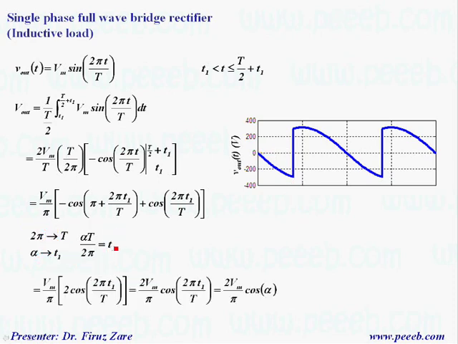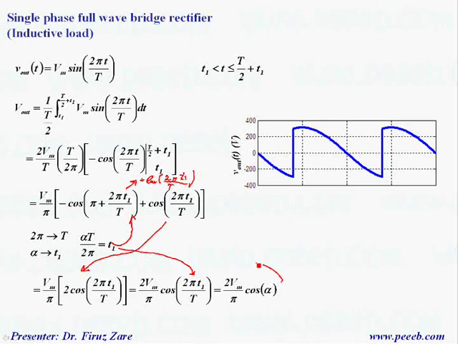So when we put t1 in this equation, we can simplify, because minus cosine of pi plus 2 pi t1 over T equals plus cosine 2 pi t1 over T. So plus cosine 2 pi t1 over T plus cosine 2 pi t1 over T means 2 times cosine 2 pi t1 over T. And then we can simplify this equation, and instead of t1, we can put this equation, which means cosine alpha.